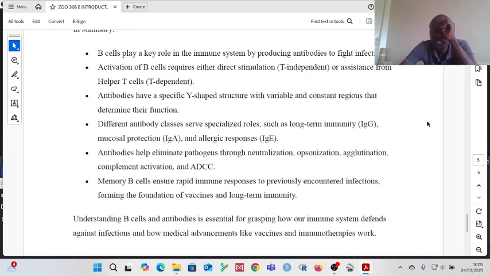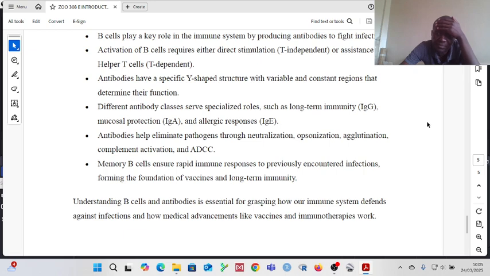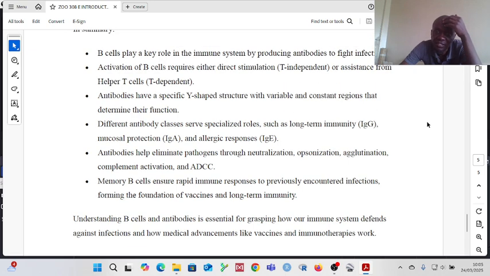Okay, and therefore that is what forms the foundation of vaccination. Yeah, so that's it about B cells and antibodies.